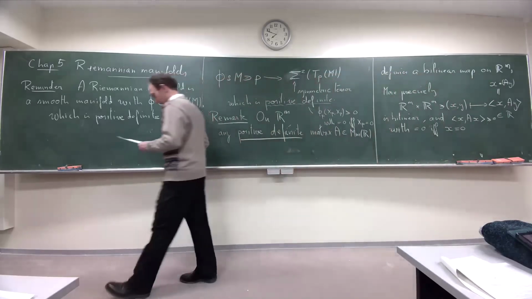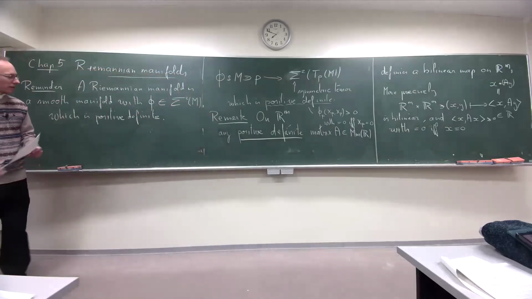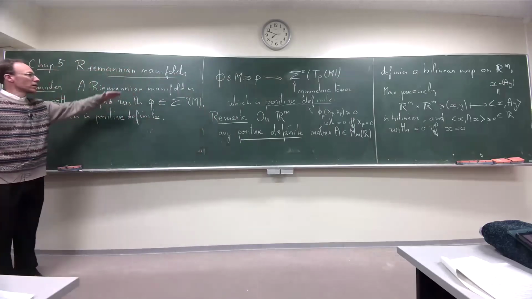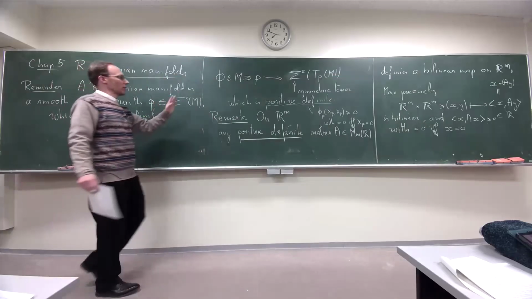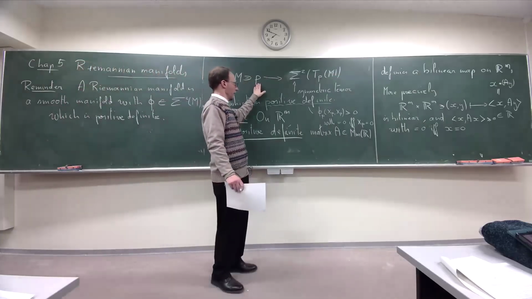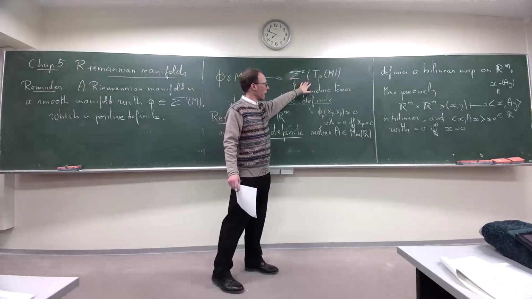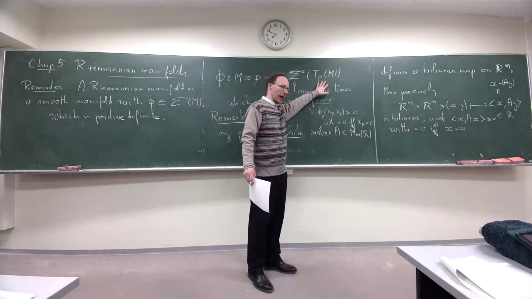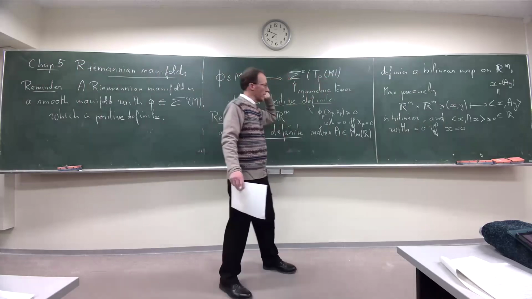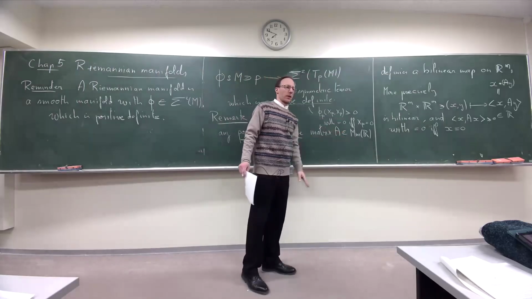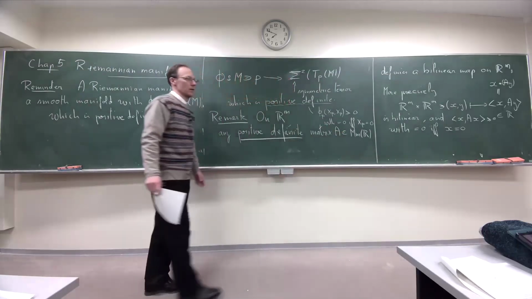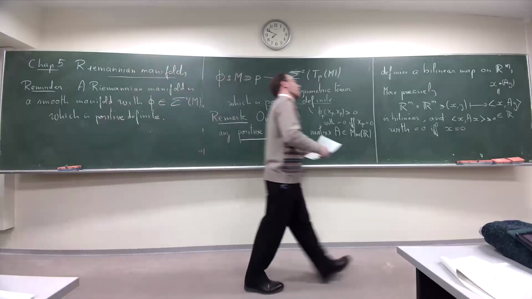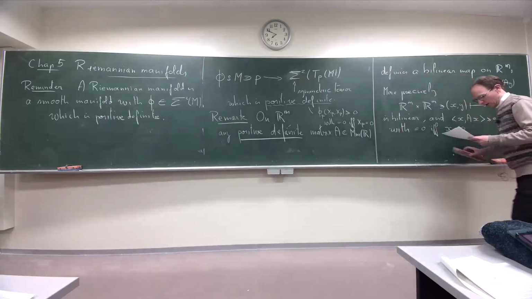Why do I emphasize this? Because whenever I'm thinking about a Riemannian manifold, so whenever I'm thinking about for every p, we have a bilinear map on this, you can identify this vector space with Rm. So it means, in fact, at every p, you have a positive definite matrix which defines a bilinear map. So this is a way of thinking about a Riemannian manifold.